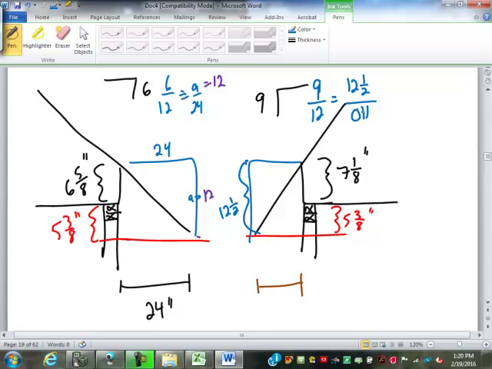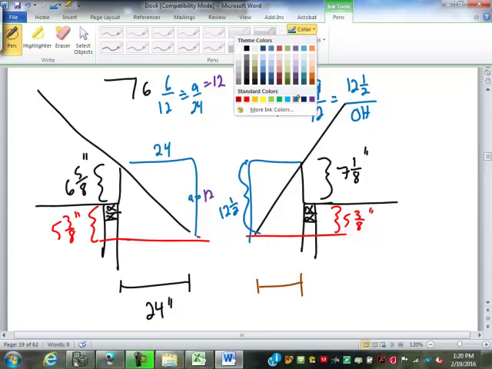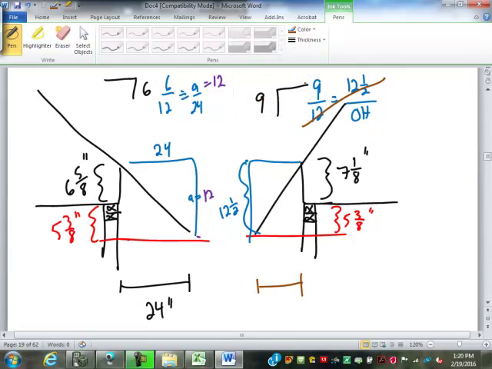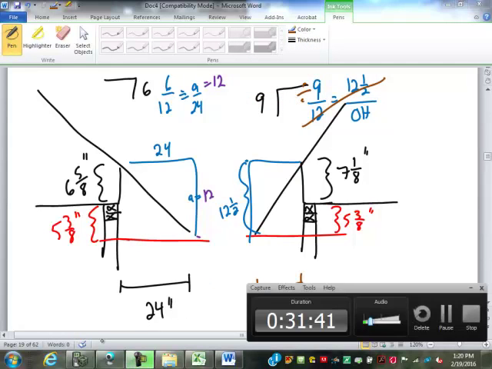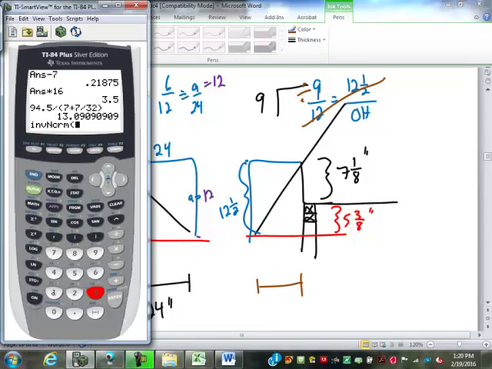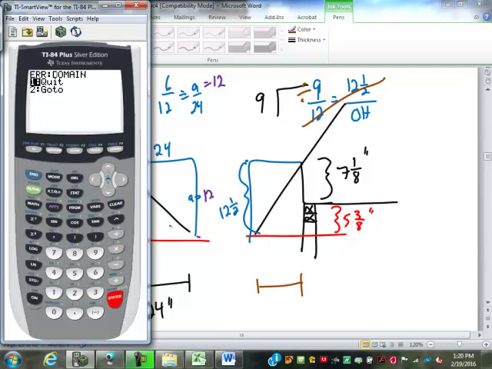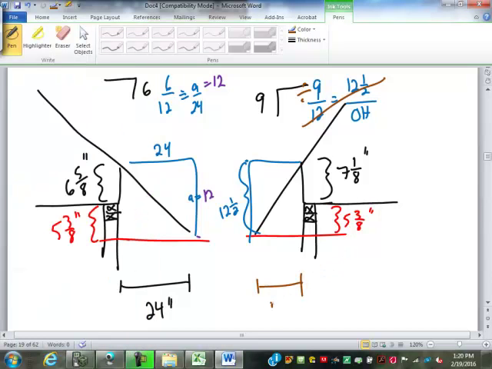We are looking for the run, the overhang. So 12 times 12 1/2 divided by 9. So 16 2/3 inches. You are correct.